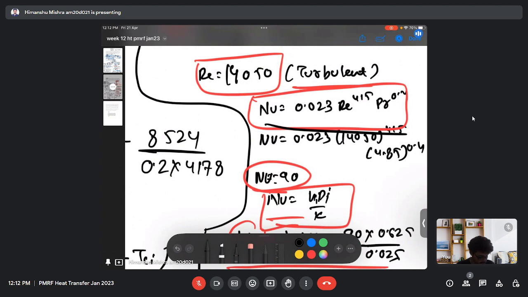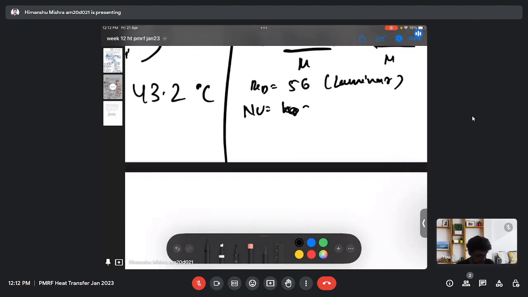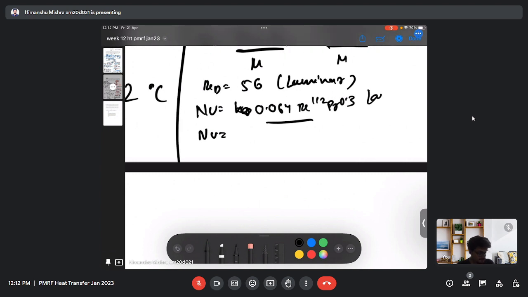That one was for turbulent flow. For the laminar flow, I don't remember correctly, but it is this. Calculating this, which is only valid for laminar flow, my Nusselt number will be 5.63.